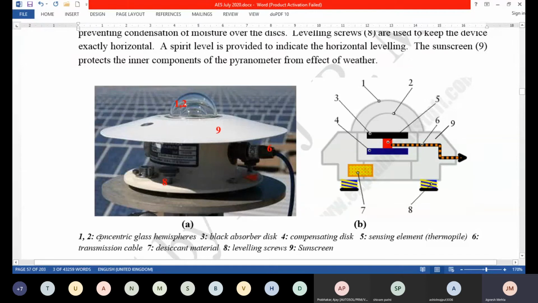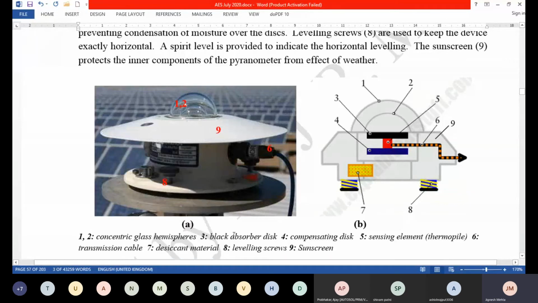If you observe minutely, you will be able to see one outer sphere as well as one inner sphere. They are the glass hemispheres. I will tell you about the purpose of each component.